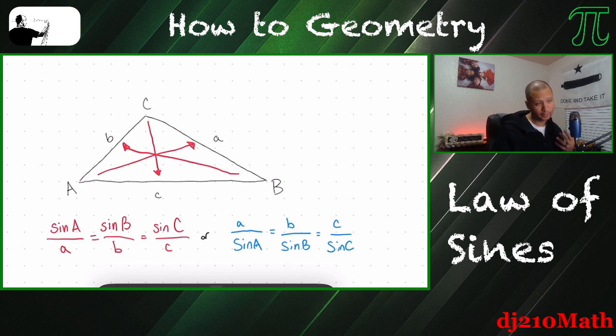That there's a relationship between the angle, the sine of the angle, and the side across from it. And since there's three angles and three sides, they're all equal to each other, right? The relationship between the angle and sides, right? Because there's three relationships that's happening: little a, big A, little c, big C, little b, big B, right? The relationship between them is that they're all equal.